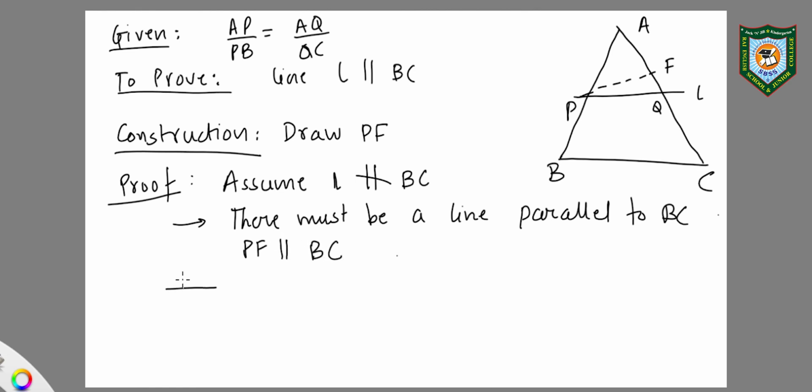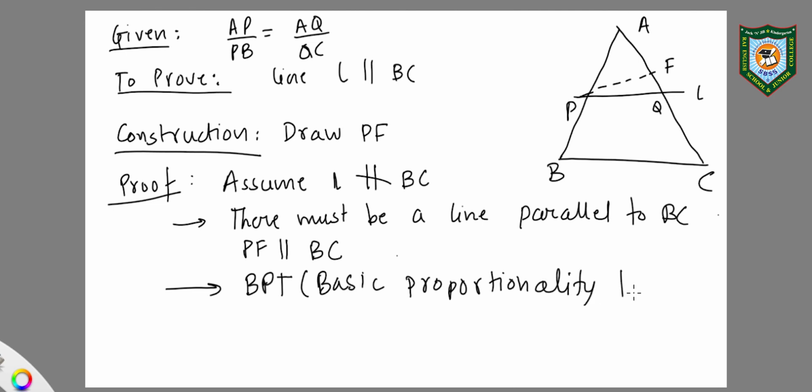So if PF is parallel to BC, I can use basic proportionality theorem, and I can write AP divided by PB is equal to AF divided by FC.